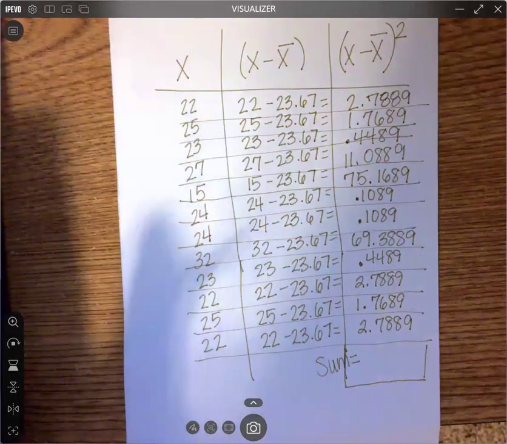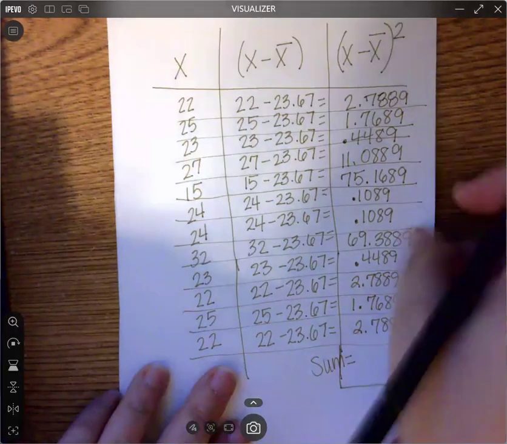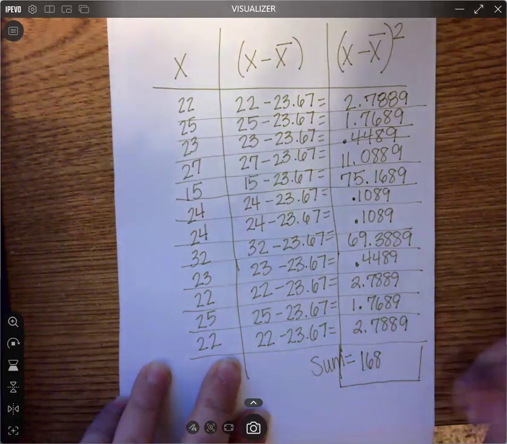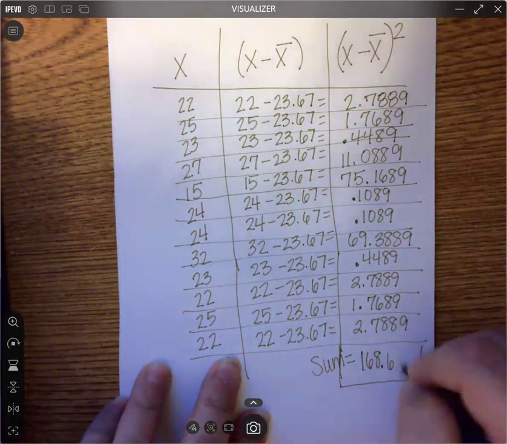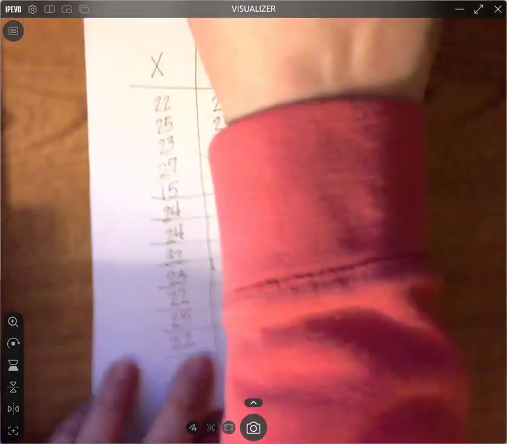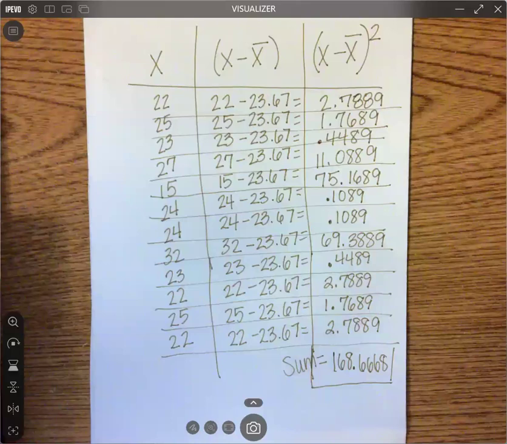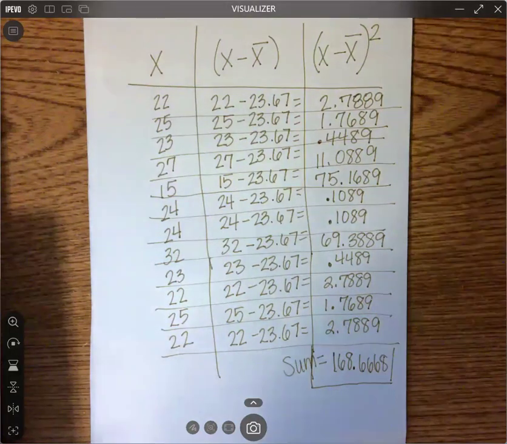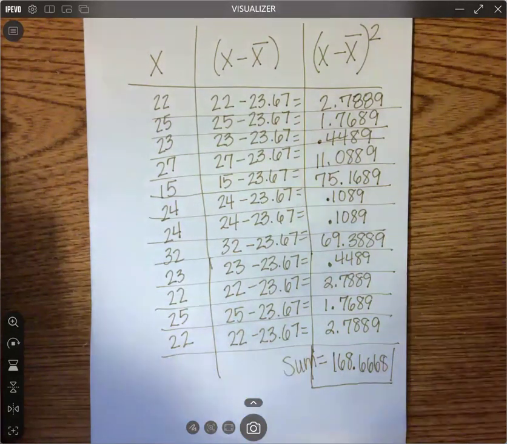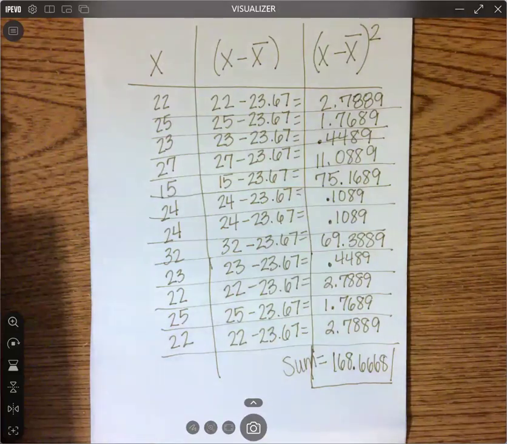All right, again, when you get your sum, we're going to write that down here. I got 168.6668. All right, the next step says to take that number and divide it by n-1 if it's a sample.